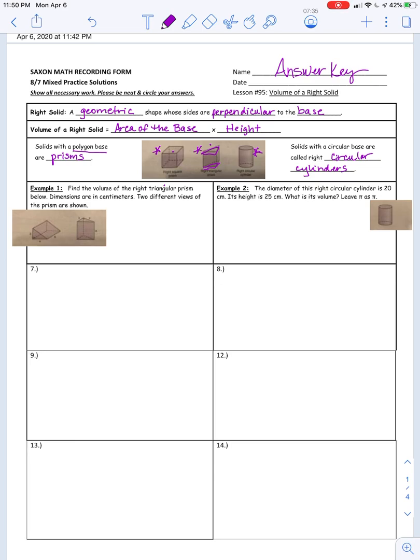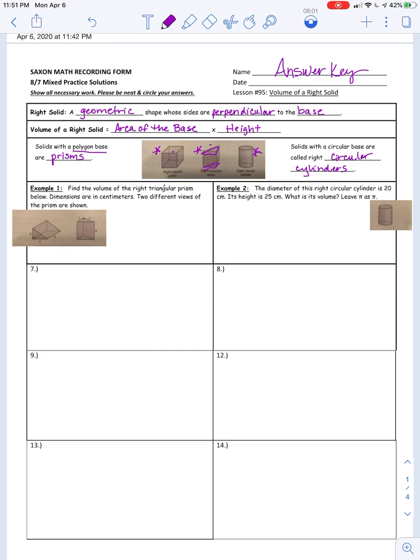If I took both ends of a Pringles can or a soup can off and looked straight through, yes, it's true that the shape travels all the way through and doesn't change from one end to the other. But the fact that it does not have a polygon base is what makes it not qualify to be a prism. Instead, it's called a circular cylinder.